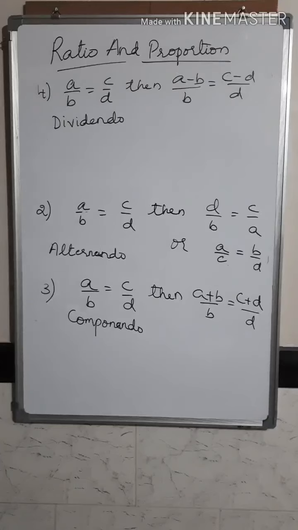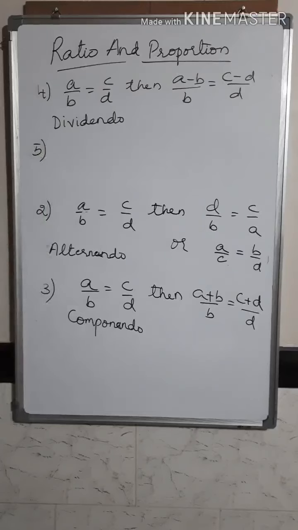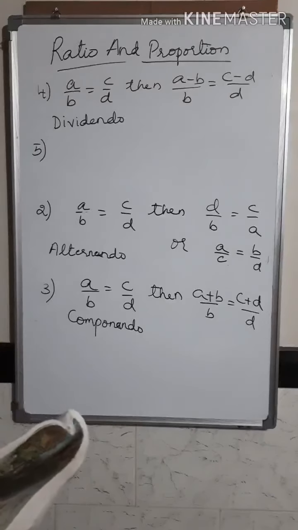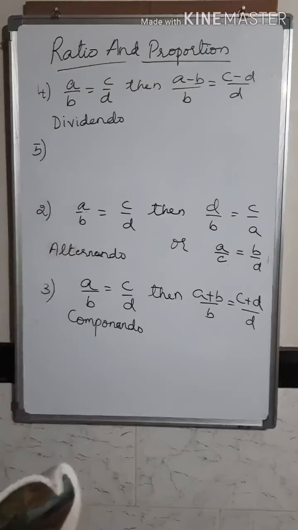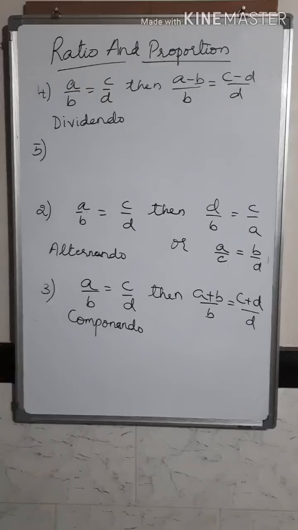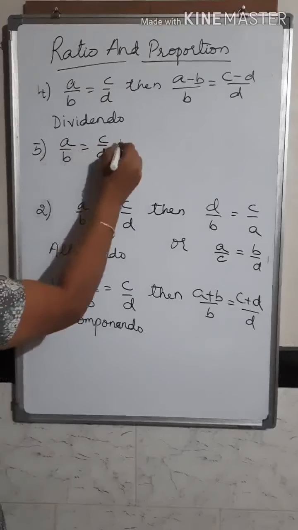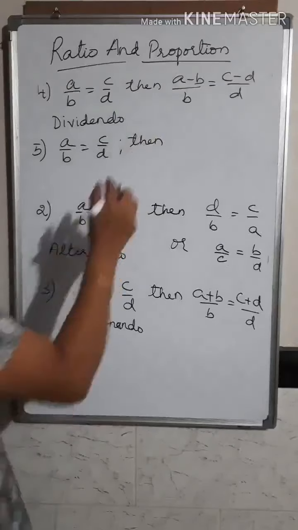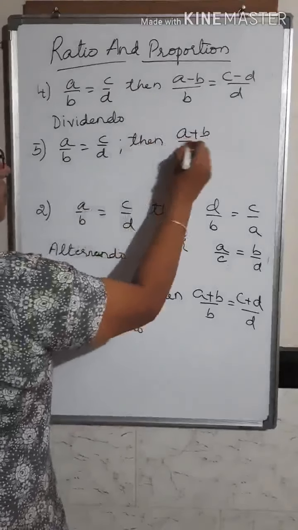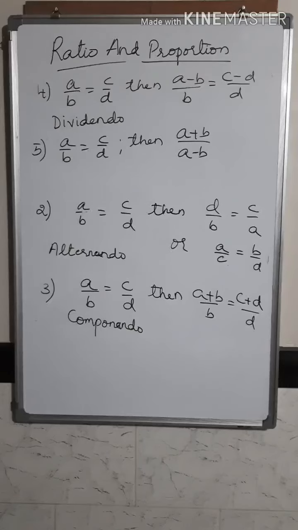Now next you have the last property, that is the fifth one, componendo dividendo. In componendo dividendo, you are adding and doing subtraction, a combination of both. Suppose you have A upon B is equal to C upon D, then according to the property of componendo dividendo you get A plus B upon A minus B. So what you have done here, you have added in the numerator, you have done the subtraction in the denominator.